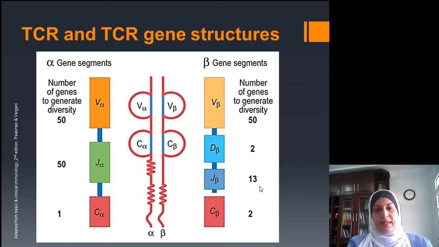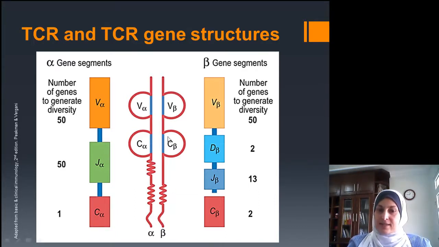This shows us the gene structure and the protein structure of a T cell receptor. As you can see, it is similar to what we saw earlier in a B cell receptor because they belong to the same family, the immunoglobulin superfamily genes. So they have similar structures, and the creation of variability in a T cell receptor is very similar to the mix and matching that we saw earlier in a B cell receptor.